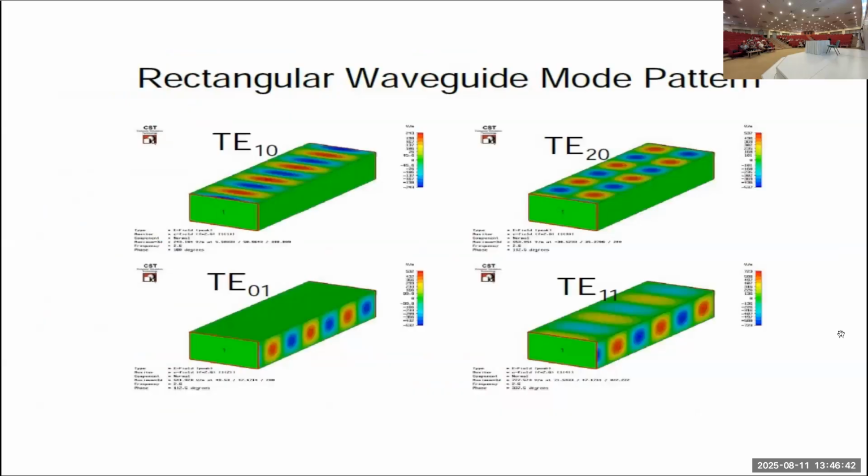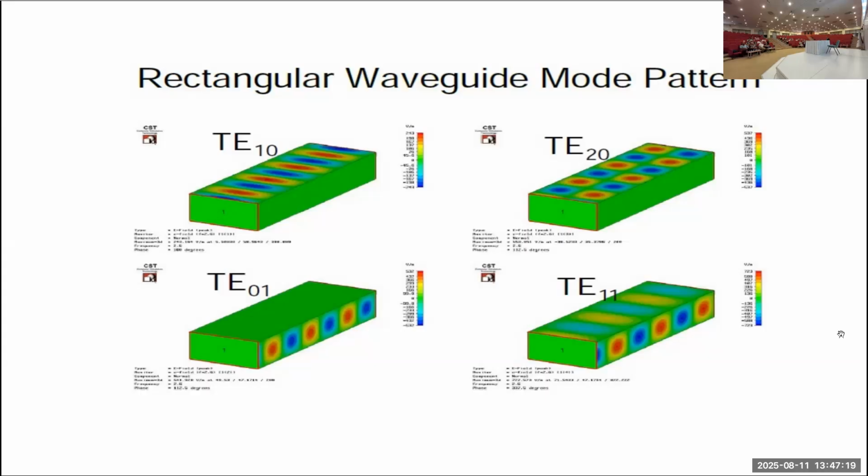Now, how are these modes defined? This TE10 mode means the electric field intensity maxima along the longer side is 1. There is 1 electric field intensity maximum when RF is passing through this waveguide. And when we say TE20 mode, it means that there are 2 electric field maxima along the longer side.